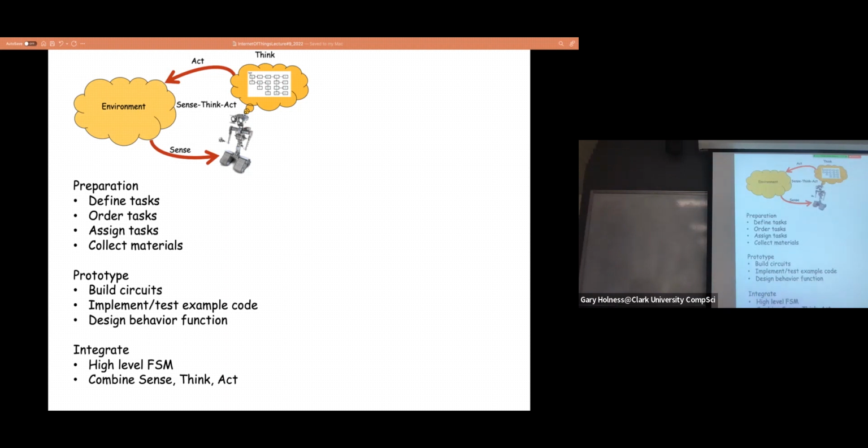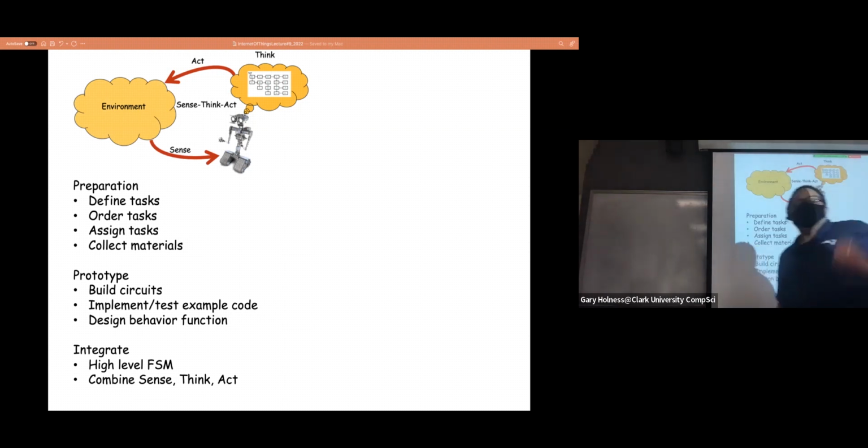And hopefully all that scaffolding provided about sense, think, act, behavior routines, finite state machine, and so forth, as we increase the complexity of the sensors and the actuators and the think part, is going to be very important to help you manage the complexity of those projects. You define all the tasks you need, you order them, what needs to happen before what, and then you collect the materials you need and assign the tasks to people in your group.